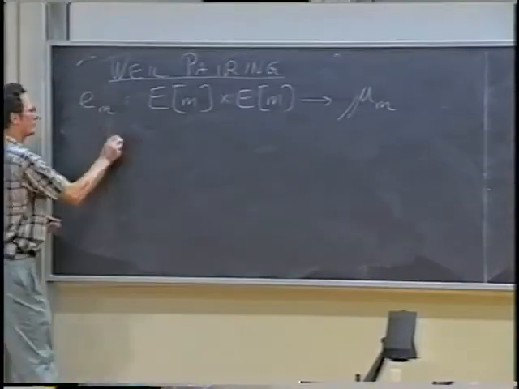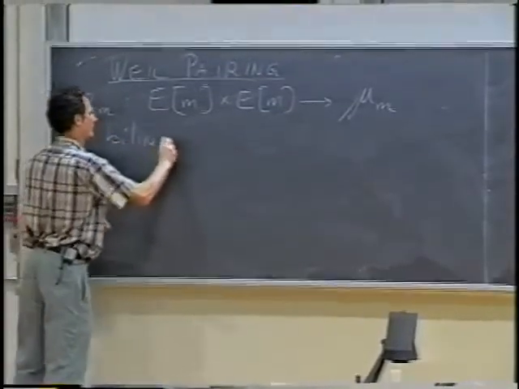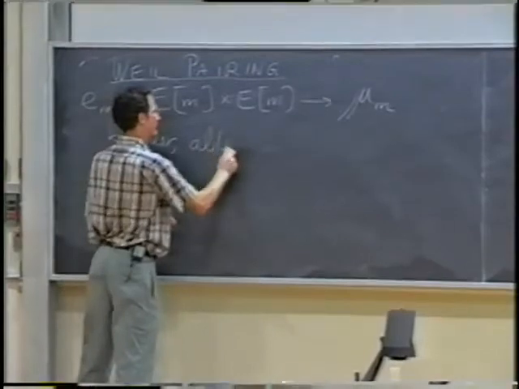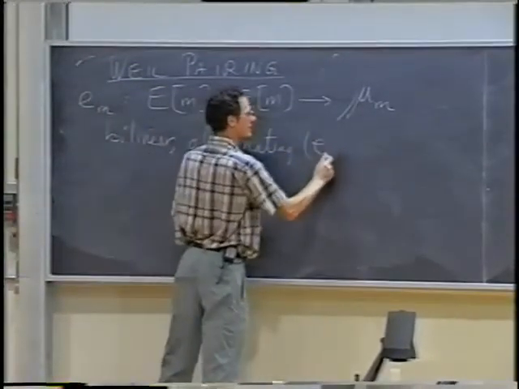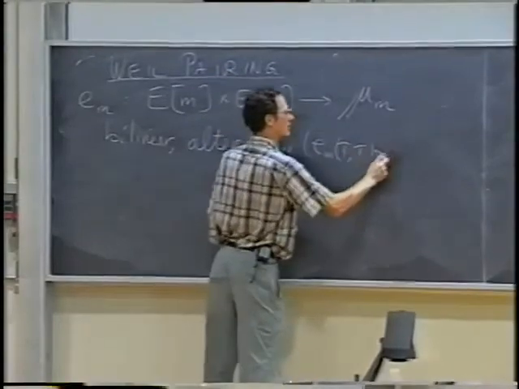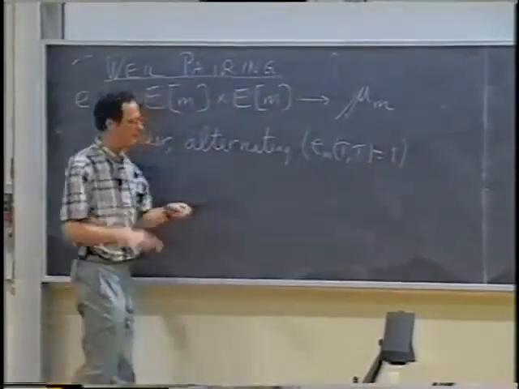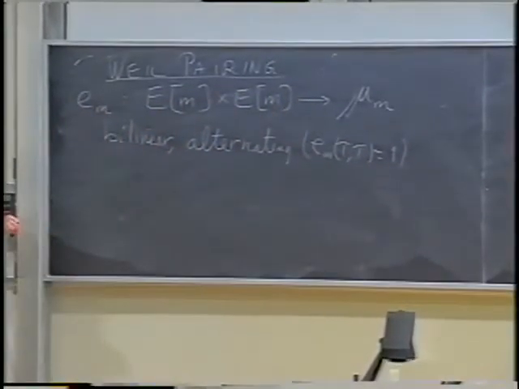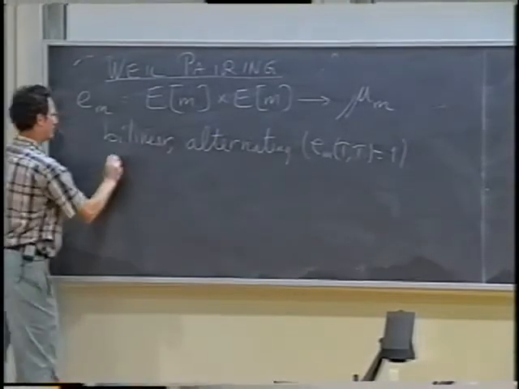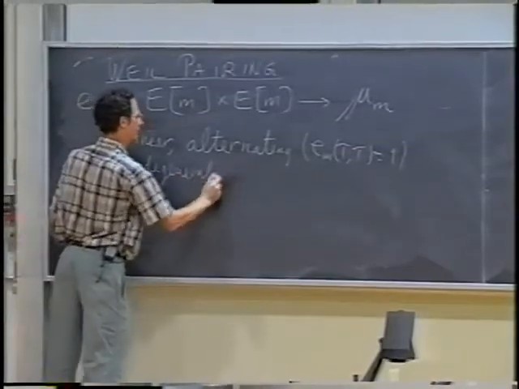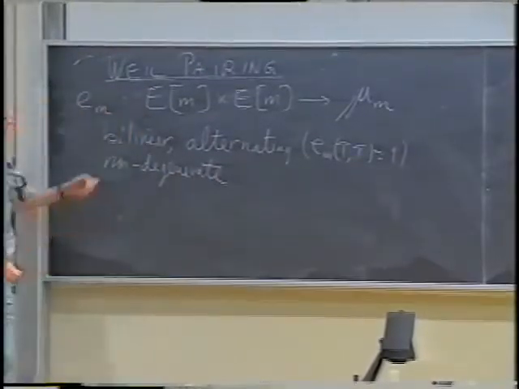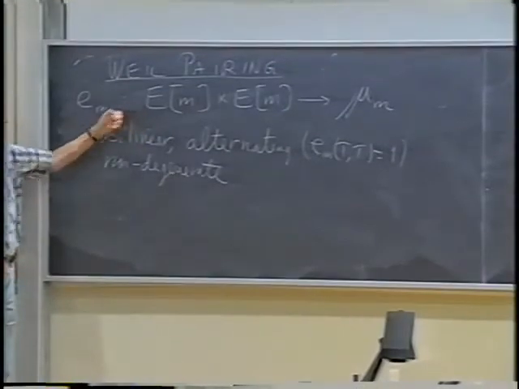It is bilinear, alternating, that is, it kills the diagonal, and non-degenerate. In other words, it makes E[m] into its own dual.